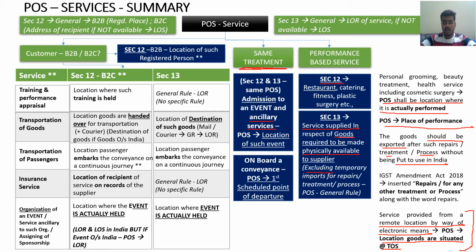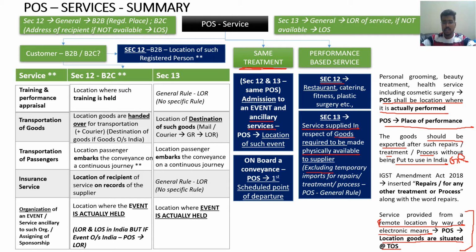However, if it is a temporary import which is going to be exported after use, then you need to follow the general rule, which is the location of the recipient, right? Third scenario, if the service is provided from a remote location by way of electronic means, then the place of supply will be the location where the goods are situated at the time of supply, right?